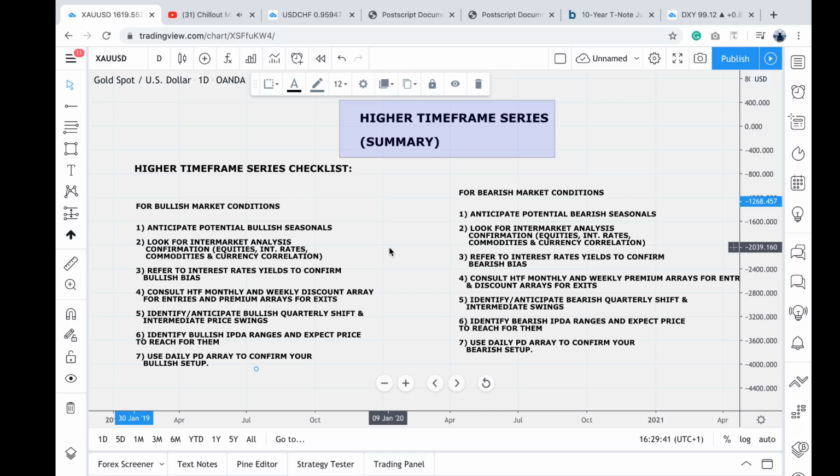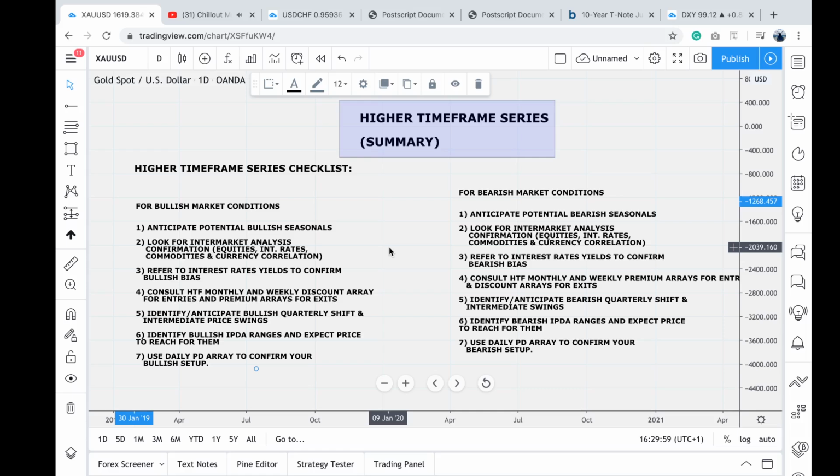So you've got to ask yourself: is a long-term swing low being formed, or an intermediate-term swing low being formed, or is it about to form? Is it about to form, or has it been formed? And we're going to look at examples of how to utilize all this.